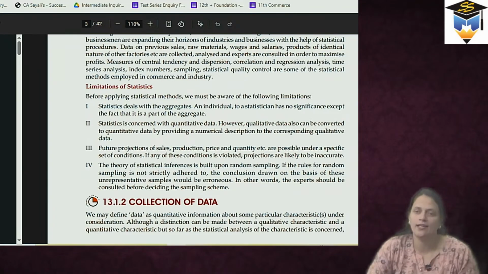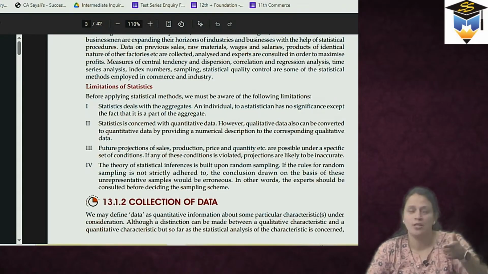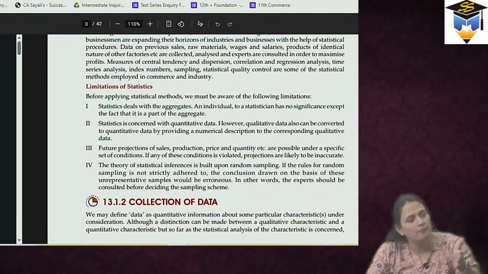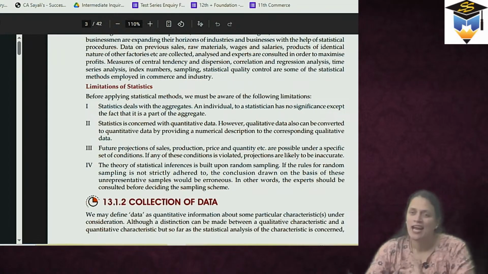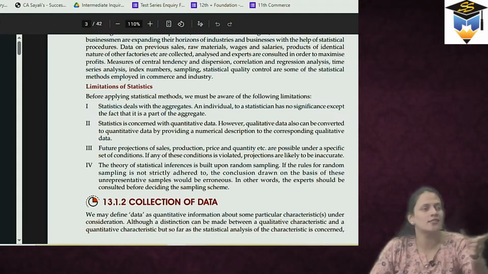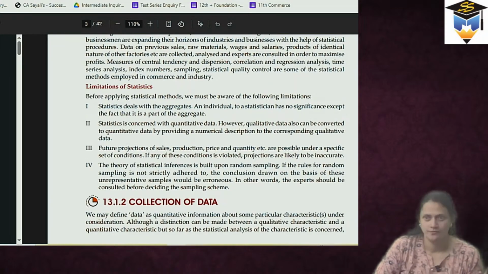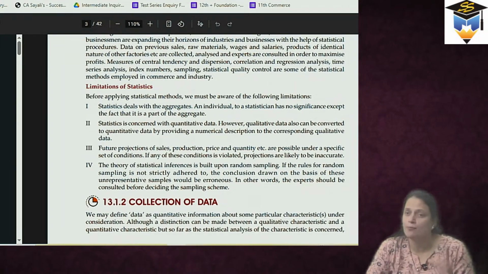All these things are considered. So this is a limitation of statistics because that is not possible. You can just analyze the data or compare the data from the previous years and just make an observation कि in this particular year, this data or this quantity will increase or decrease. Okay. So statistics will not help you in the future projection of sales.